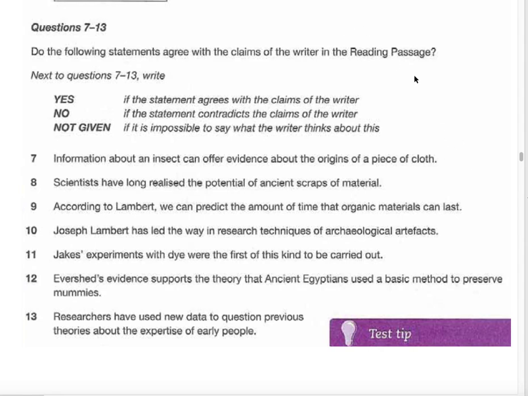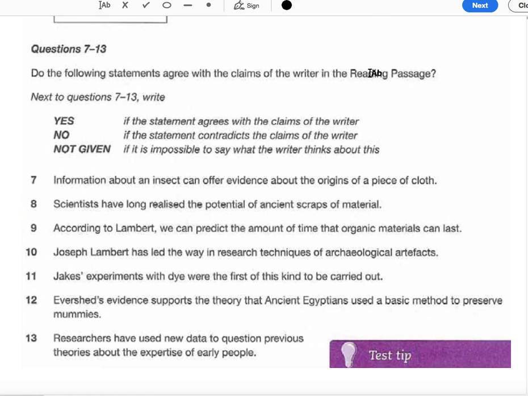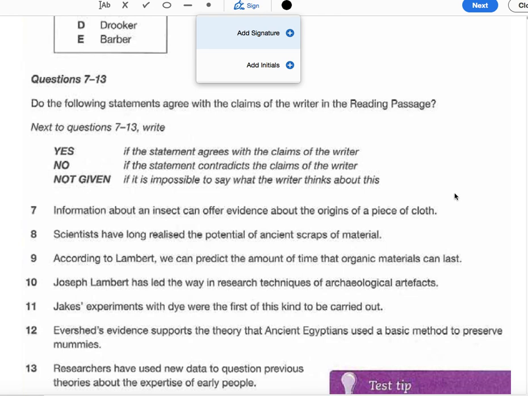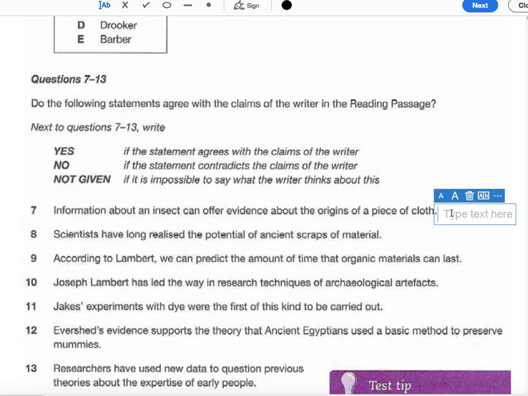So number 7, I would say is true, okay? So this one here is yes.